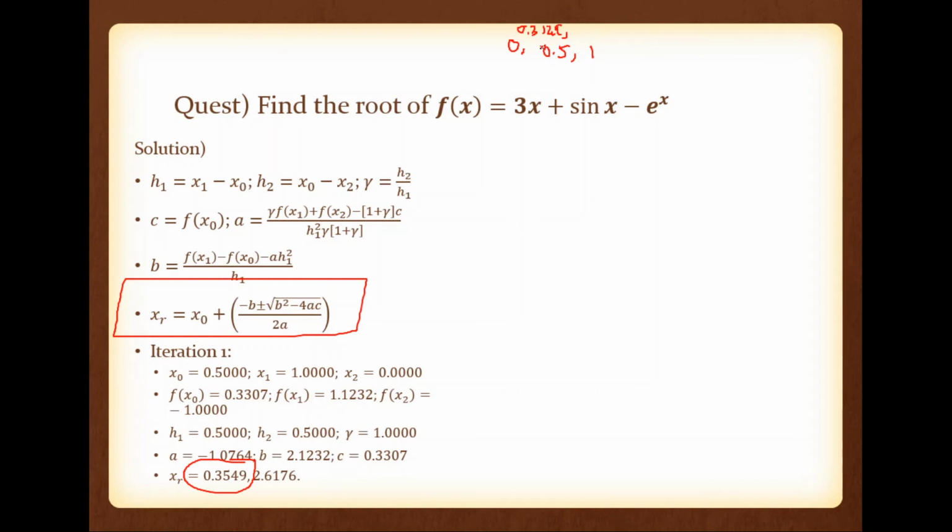Okay. So you have to take this one as new x0, means automatically what will be x1? The next point, that is 0.5. Because 0.5 is very close to this x0. So you have to take 0.3549 as x0. You have to take 0.5 as x1, and you have to take 0, that one is the nearest left point of 0.3549, as x2. Okay, so means you have to neglect 1.